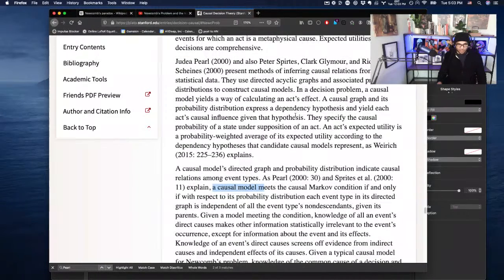So here we've got a little bit about DAGs from Spirtes, Glymour, and Scheines and Pearl.